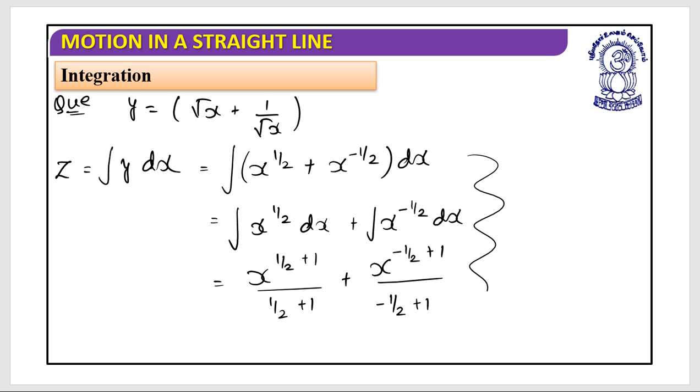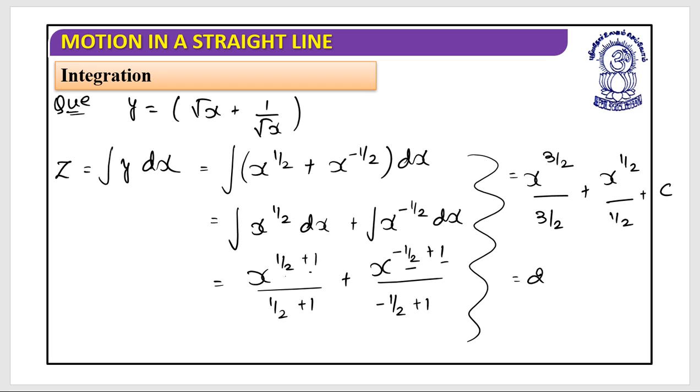So what would half plus 1 be? Yes, good job, it's 3 by 2, divided by 3 by 2, plus x to the power half divided by half, plus c.